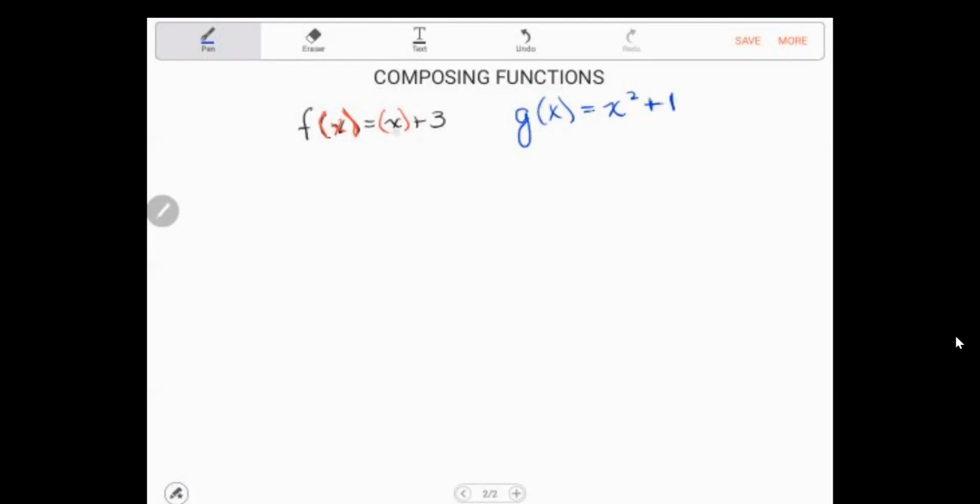In the same way that we put numbers inside of a function to evaluate it, we can put another equation or another function inside a function, and that's called composing, because we're composing a new function.